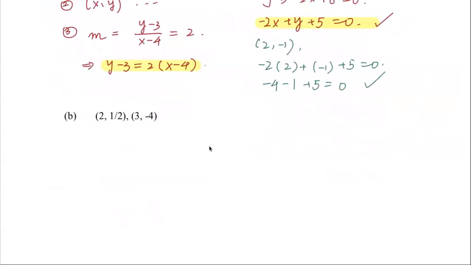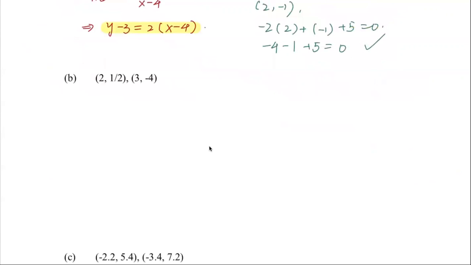Let's do another example. Part B. Again, we have 2 points now, right? (2, 1/2) and (3, minus 4). First step, find the slope, right?